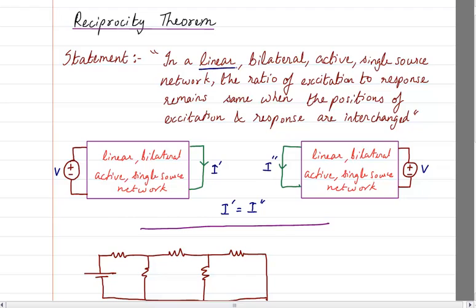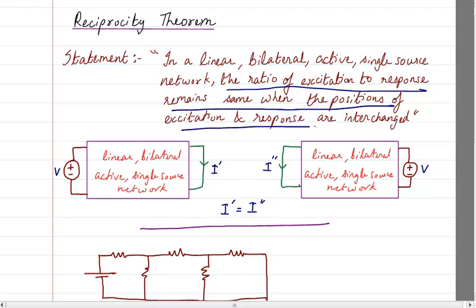So when we say a linear bilateral active single source network, you should understand all of this. In such a network, the ratio of excitation to response remains the same when the positions of excitation and response are interchanged. And that is what is reciprocity.